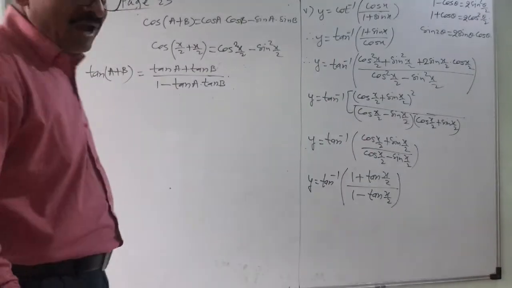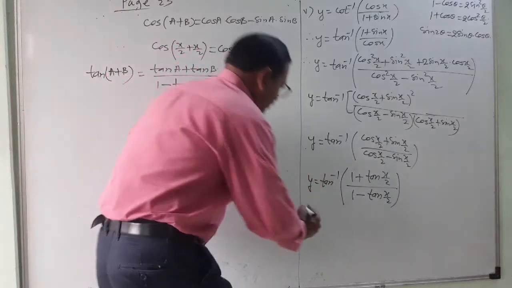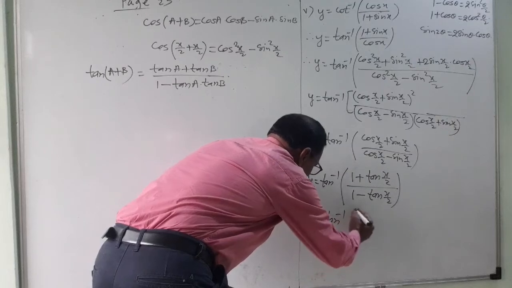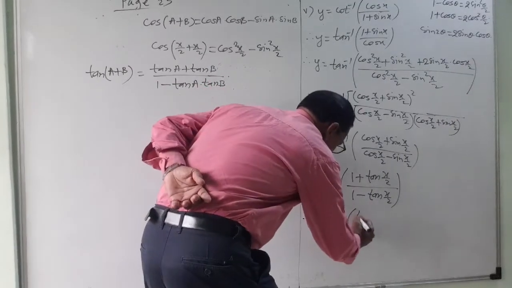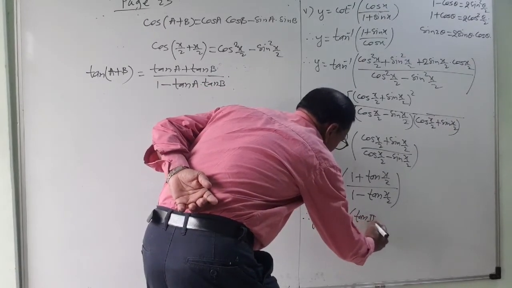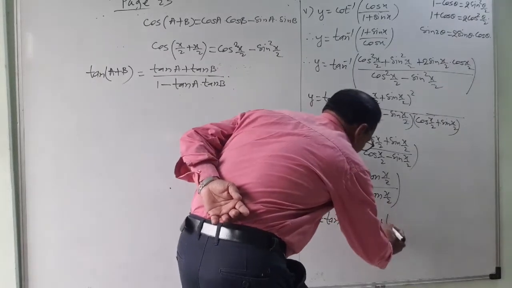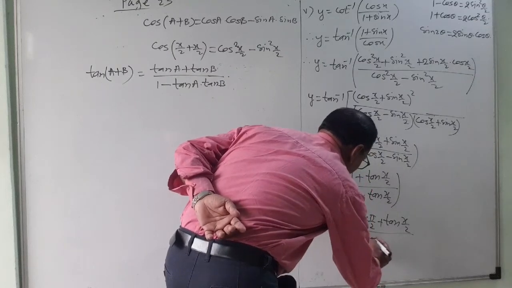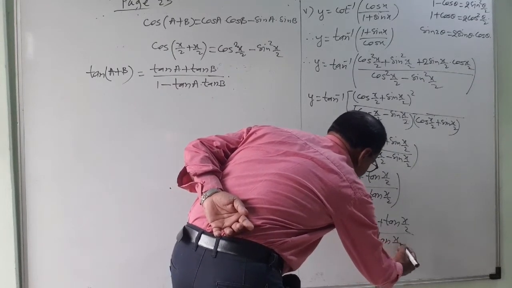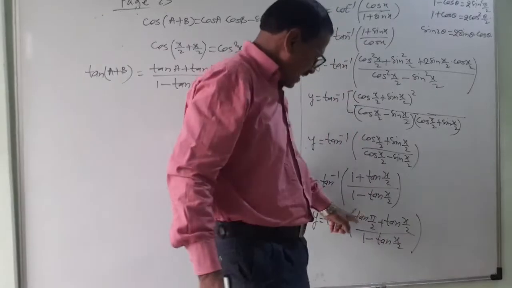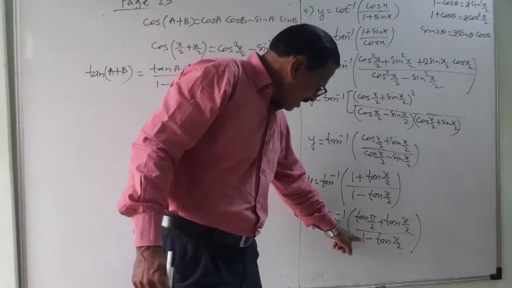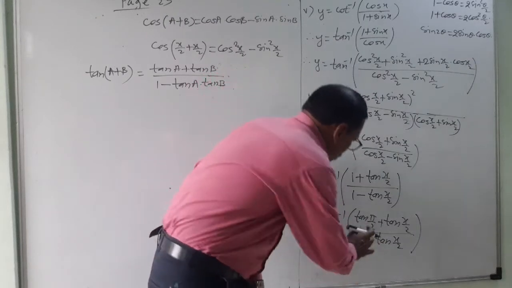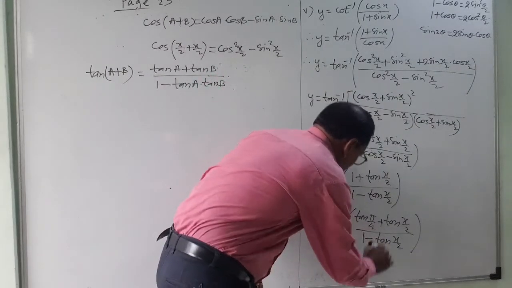Okay, now I will fit this in the formula. Therefore y is equal to tan inverse of, this is tan of pi by 4 plus tan of x by 2 upon 1 minus tan of pi by 4 into tan of x by 2. See, this is tan a plus tan b upon 1 minus tan a into tan b. Tan a means tan pi by 4. I am sorry, it is pi by 4.